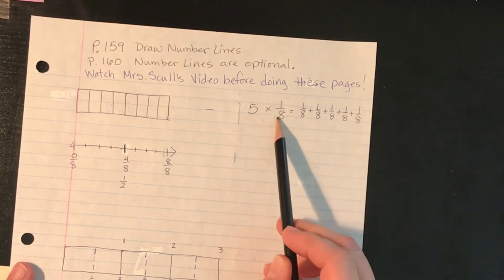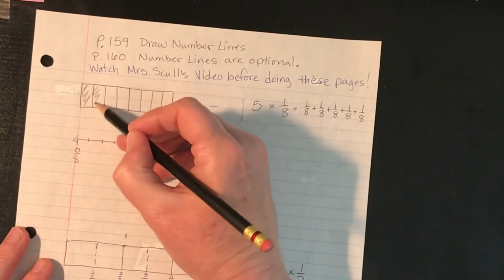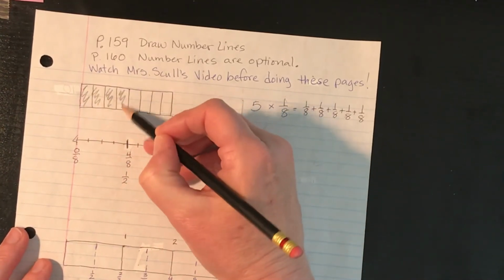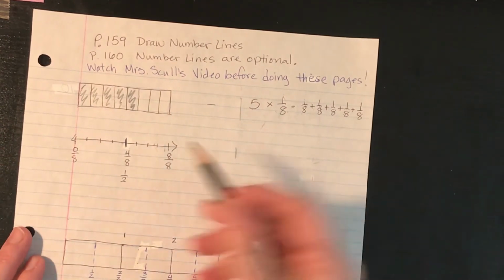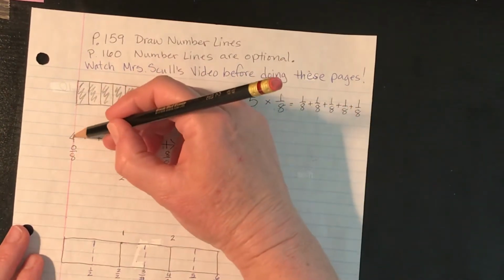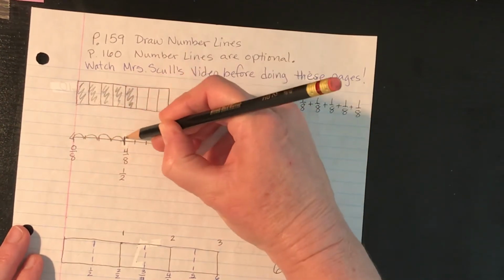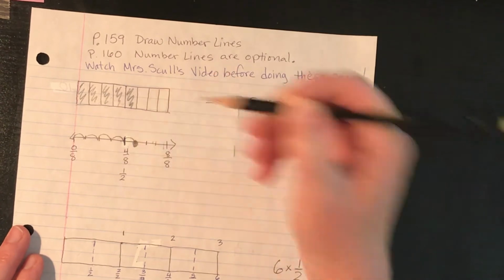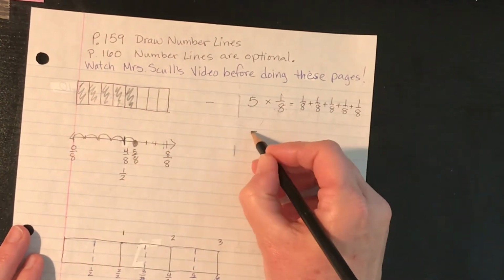So 5 times 1/8 is literally just that. There's 1, 2, 3, 4, 5 out of 8. If I did it on a number line, again, it would be 1, 2, 3, 4, 5 out of 8. 5 eighths.